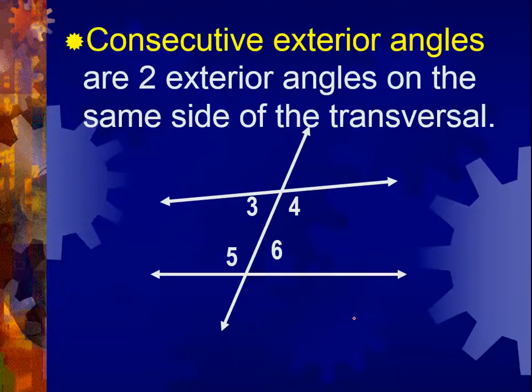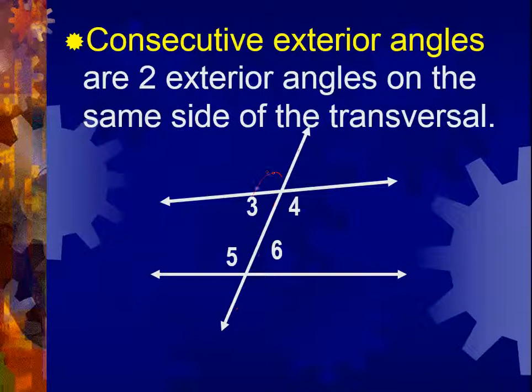And then the last one is the consecutive exterior angles. Again, consecutive meaning one right after the other. Notice the definition, they are on the same side of the transversal. Here's our transversal. So we're going to be on the same side, but we're not interior here, we're on the exterior.